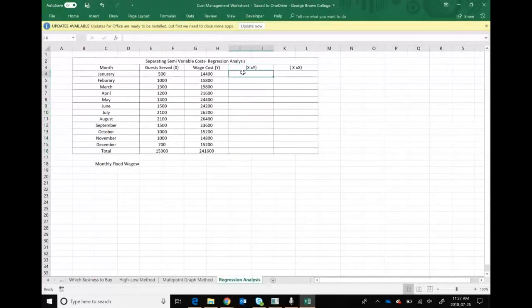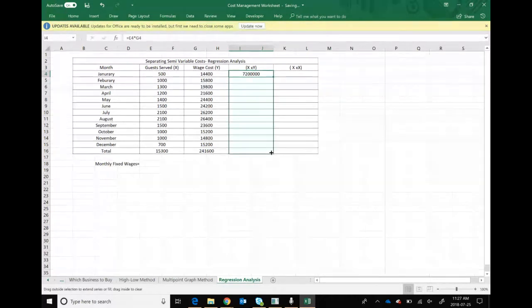And that gives us, for one period, the value of xy. So we'll do that for every period. So 500 multiplied by our wage cost, and we get a crazy number. We're going to do that all the way down.